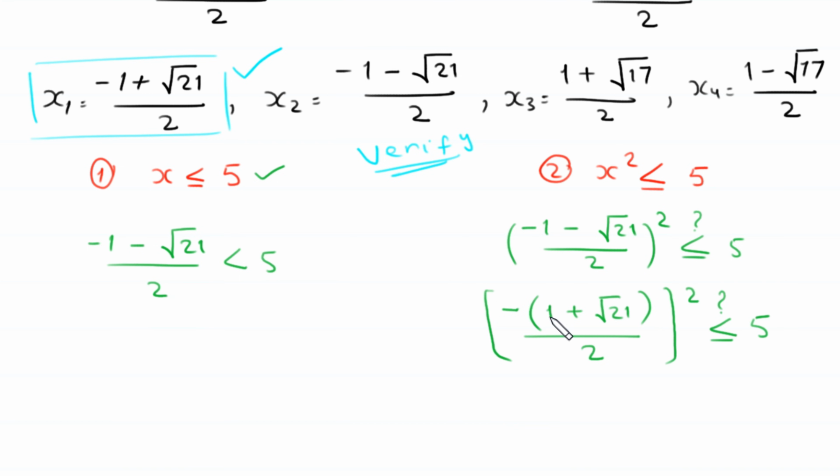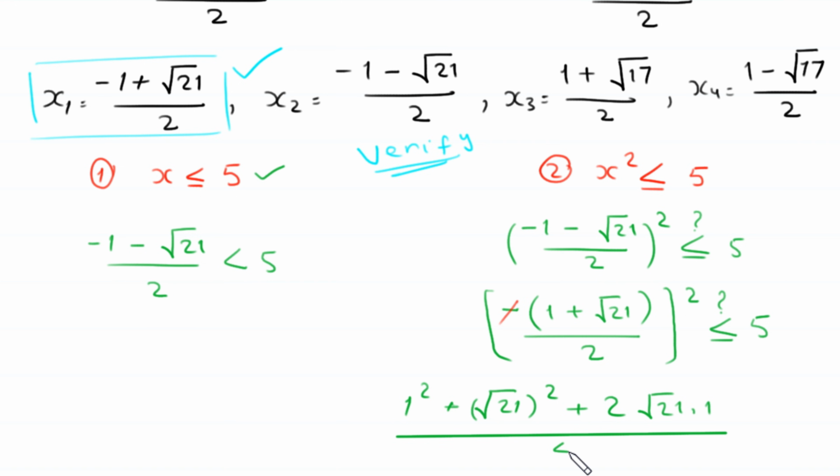Now because the square of a negative number is always positive, this minus will be cancelled, and this 1 plus root 21 whole squared is equal to 1 squared plus root 21 squared plus 2 times root 21 times 1, divided by 2 squared, which is 4.